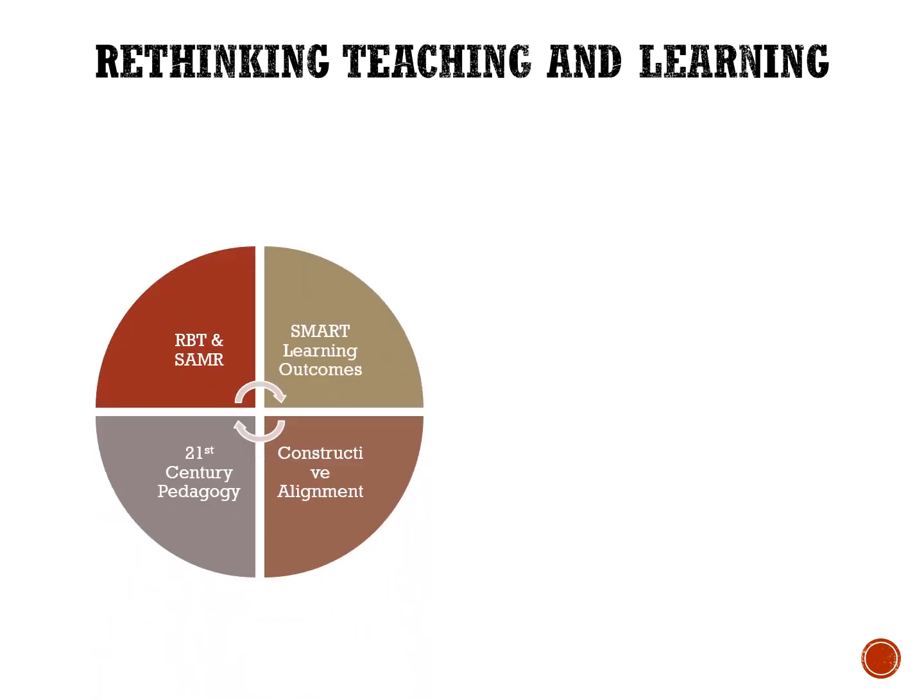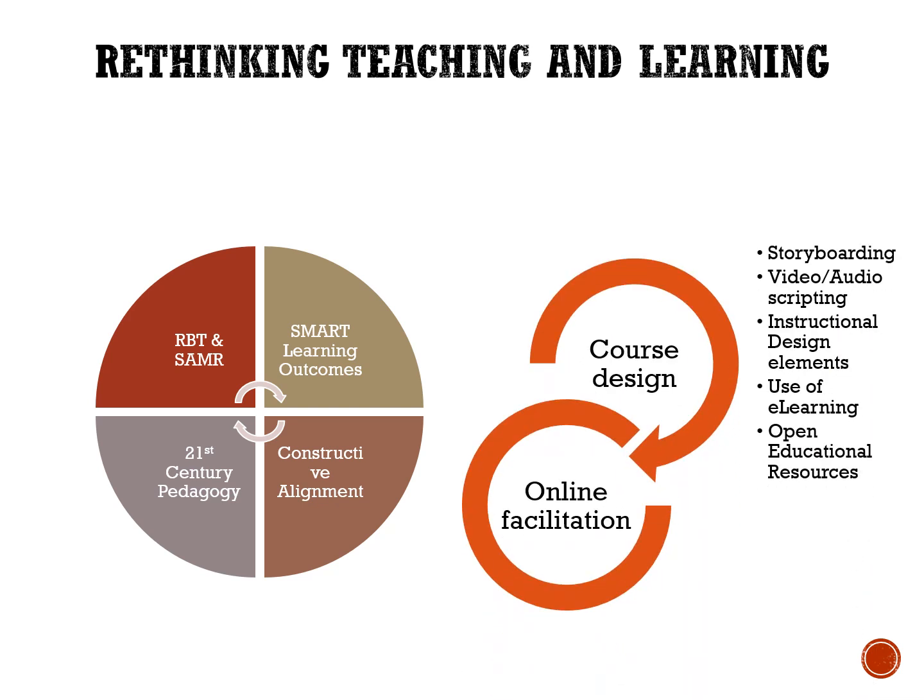When you think about what we are going to do in this course, we are going to look at Bloom's taxonomy. We are also going to look at other models like SMART learning outcomes, designing them, integrating 21st century pedagogies, and creating constructive alignment to make sure that the learning outcomes speak to the content of the course and to the assessment of the course, and that would be done online.